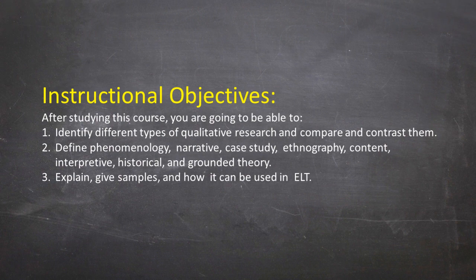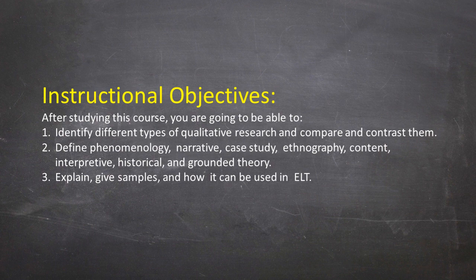Now, here is the instructional objective, or what we are going to have after learning this course of qualitative research. After you study this course, you're going to be able to identify different types of qualitative research and compare and contrast them. The second one is you're going to define phenomenology.